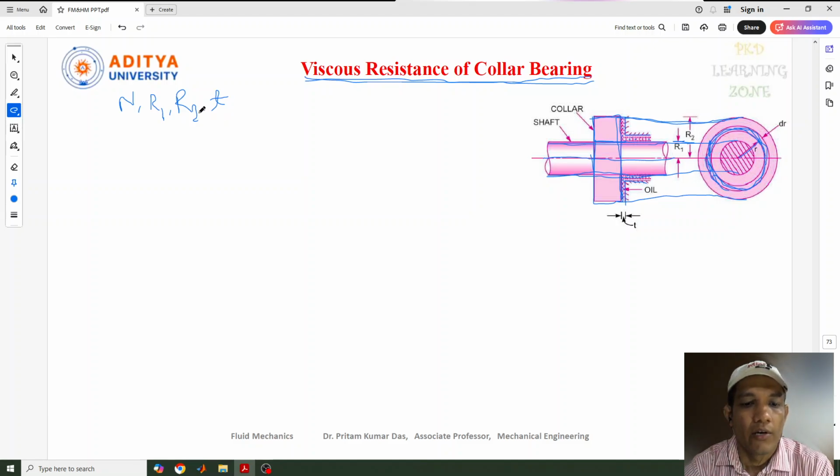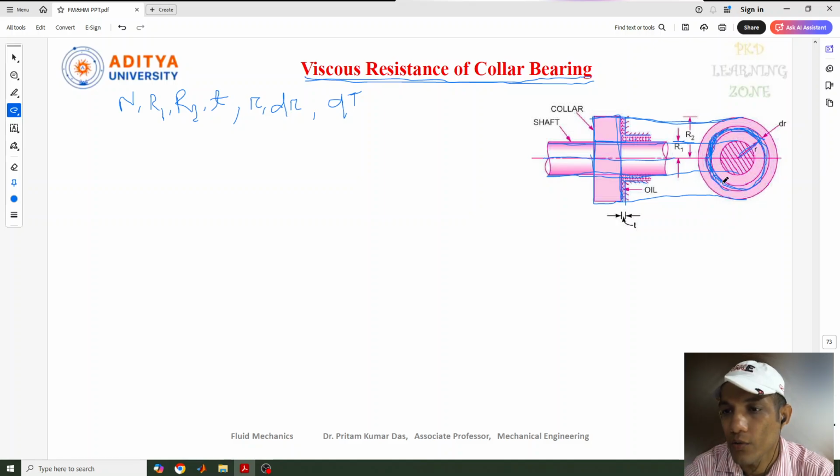Now, to find the power absorbed, again we need to consider an elemental circular part, with a radius of small r and a width of dr on this bearing surface. Then we need to find the torque of the shaft rotation, which is equal to the torque needed to overcome the viscous resistance on the elemental ring.